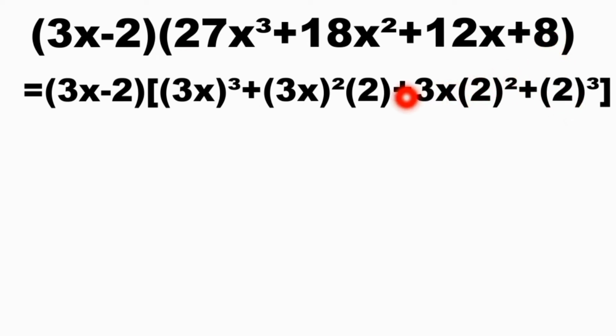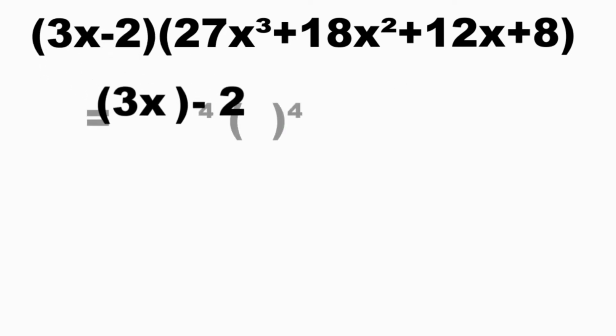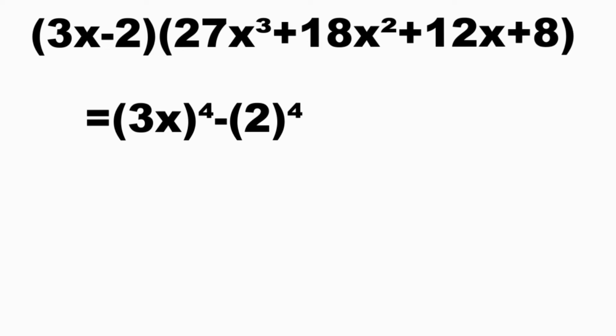So from here, we can have the shortcut: multiplying this polynomial by the binomial is just equal to 3x to the fourth minus 2 to the fourth.